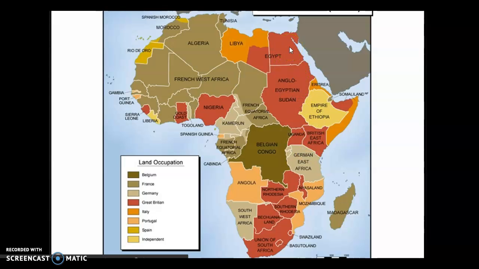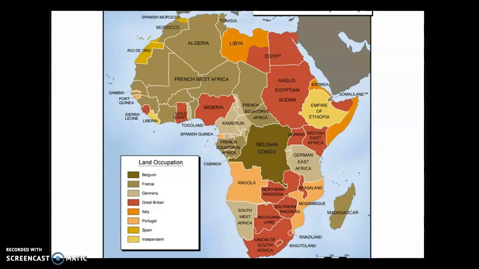And what you start to see is these countries that are taking over other countries gain a lot of power because in these places are resources, right? The Belgian Congo that you guys are going to be looking at this week, they have an extreme amount of rubber plants, and all of a sudden the rubber industry booms and Belgium becomes really, really rich.